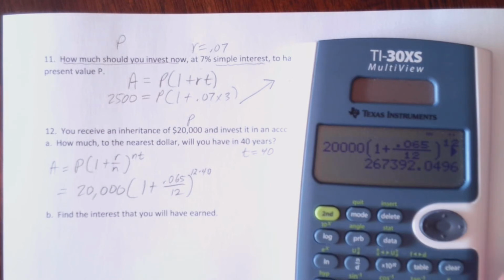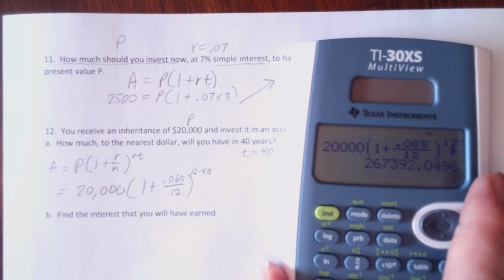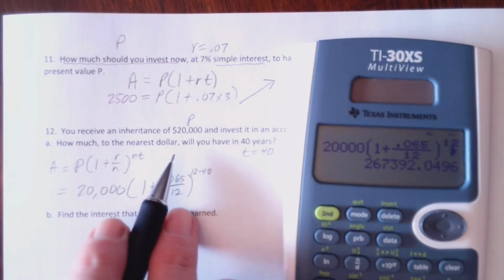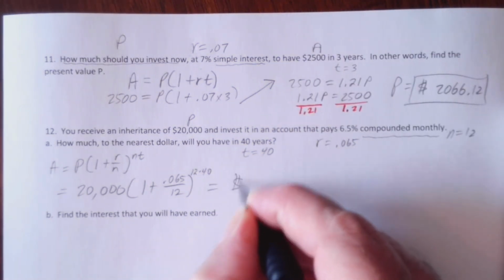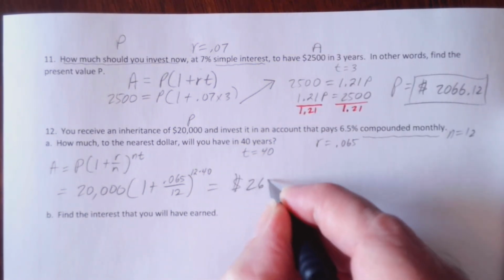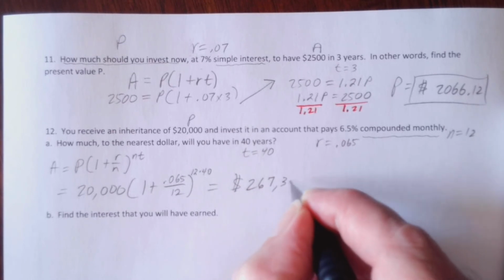And I get $267,392.05. It looks like we are to round to the nearest dollar though. So this will be $267,392.